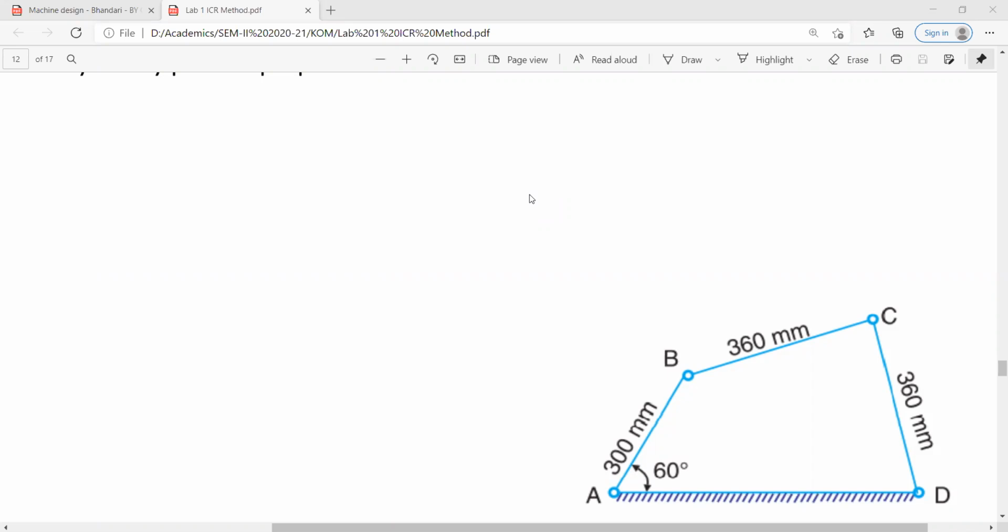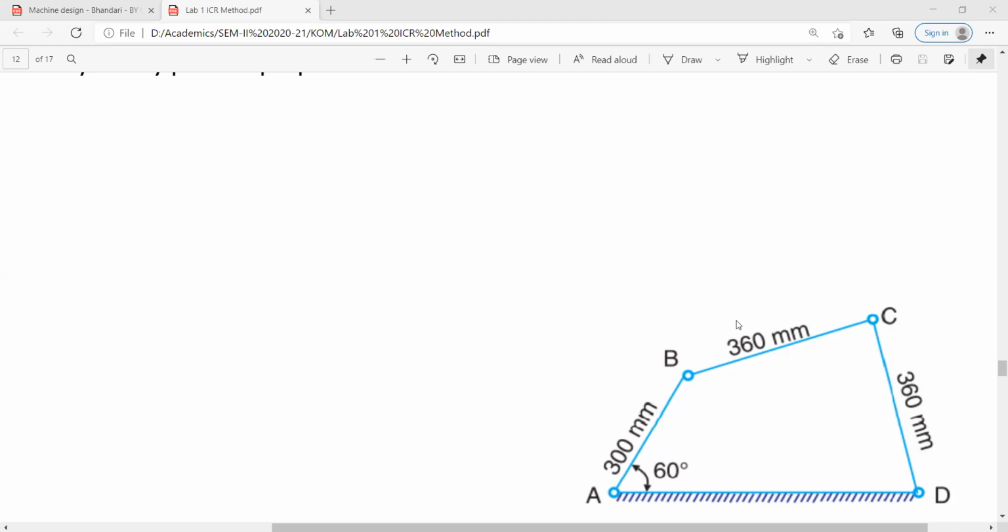Yes, sir. Okay, so I will assume that you have the problem statement. You have drawn this diagram. No need to mention the dimensions over the links, but remember what the dimensions are.